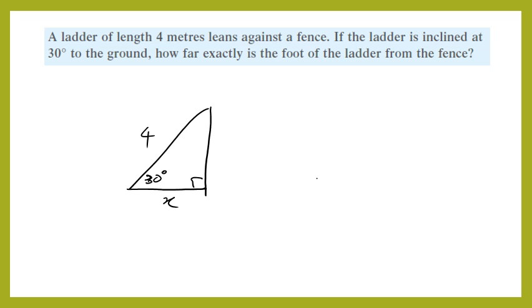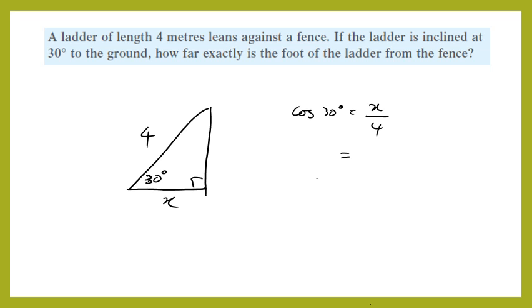So foot of the ladder to the fence will be x. The ladder is 4 meters, and then we have 30 degrees. So, how do we find x? What ratio do we use? Cos. Good. Oh, wrong way, wrong way. Alright, now, what's cos of 30 from the screen before?